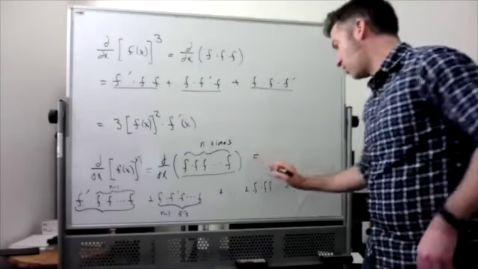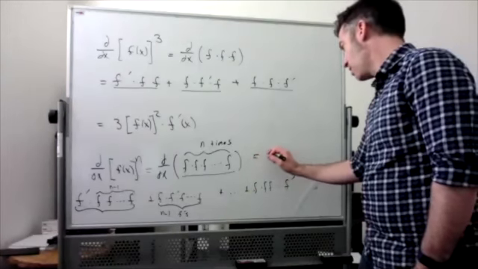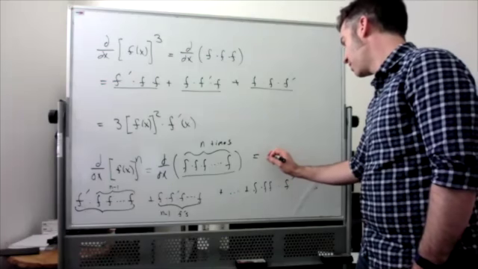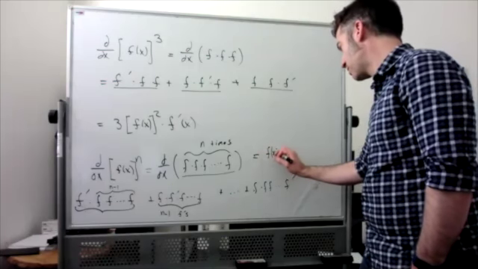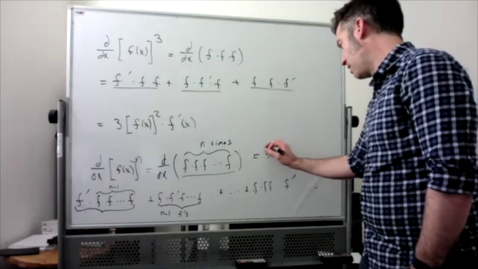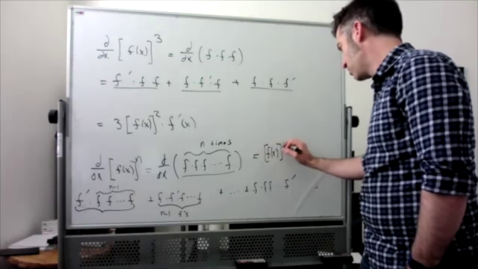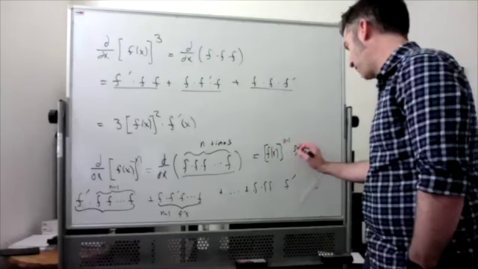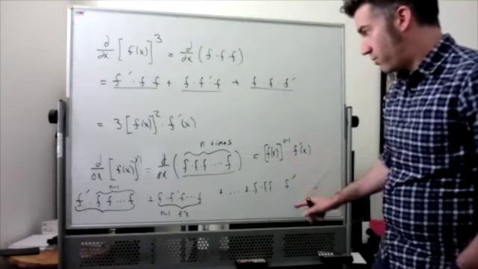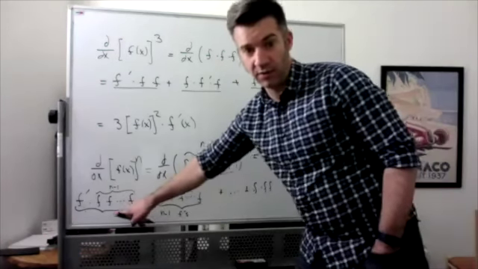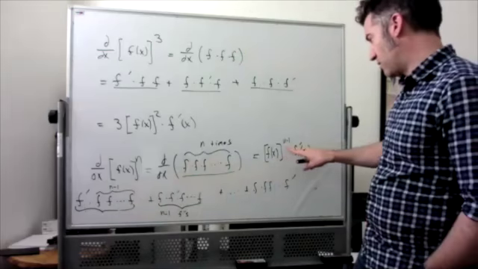So this is going to equal f of x to the n minus 1 power times f prime of x. That's what the first one is. The first one is f of x to the n minus 1 times f prime.